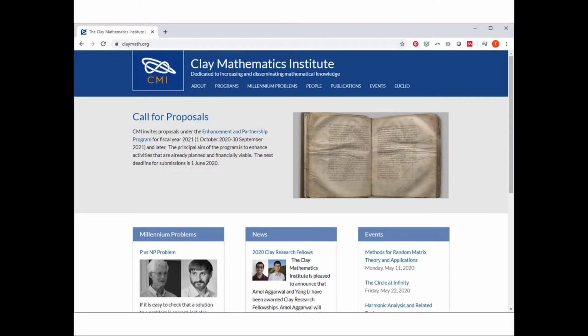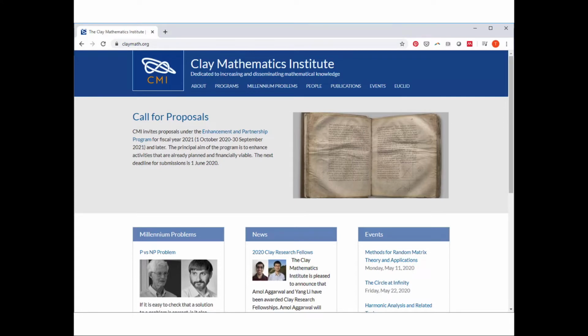I do want to make a couple quick comments about the Navier-Stokes equations. This is the Clay Mathematics Institute, or CMI. They are a leader in the field of mathematics and trying to, as their title describes, disseminate mathematical knowledge.